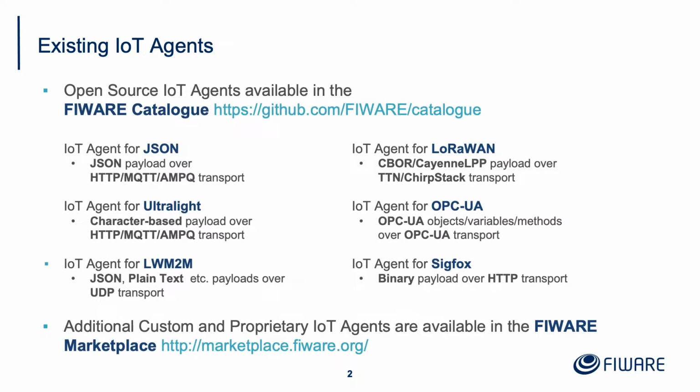The existing IoT agents, you can see the ones which are in the FIWARE catalog. We've got a variety of standard IoT agents, and they can basically be divided into two types. You've got those which are really low level, where the payload is, say, binary bits like Sigfox or LoRaWAN, which is using constrained devices.